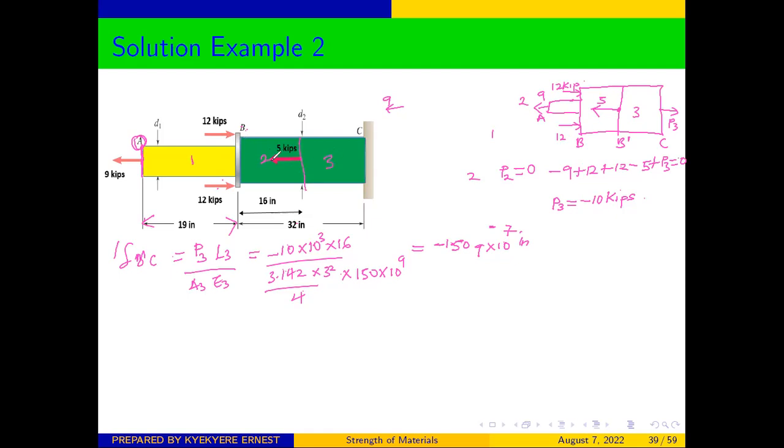It's a combined effect of 1, 2, and 3, just like calculating the total deformation.